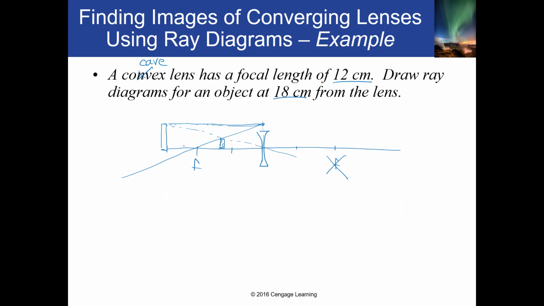So this is where your image is actually formed, right? So all done. Again, images are smaller, upright, and again virtual. Why? Because the image is formed on the same side as the object.